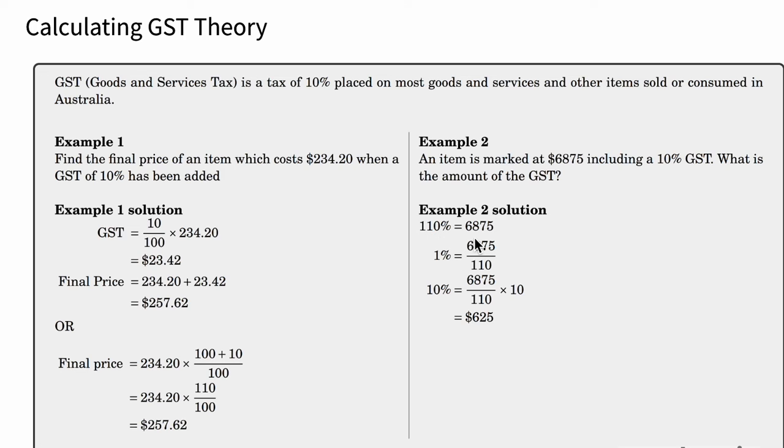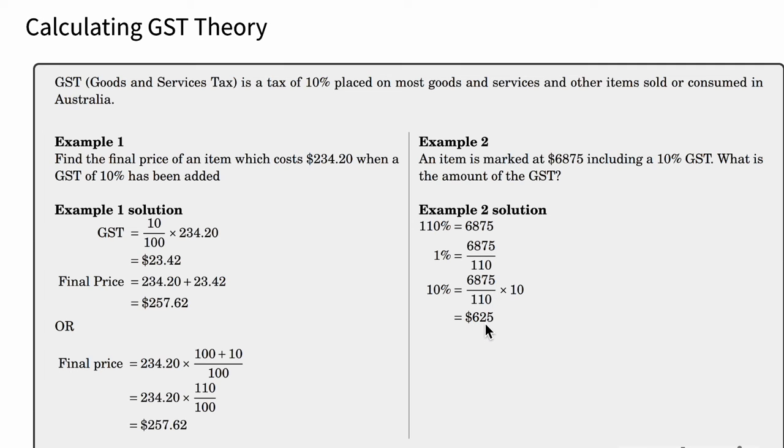So 110% is 6875. If you divide both sides by 110, you get 1%. Use your calculator for this. You'll get a value, and then if you want to know the GST that has been added, all you have to do is take that 1% and multiply it by 10.